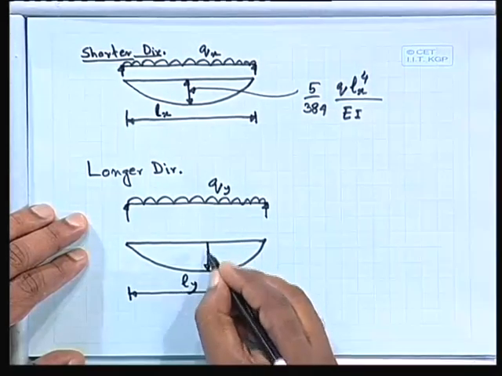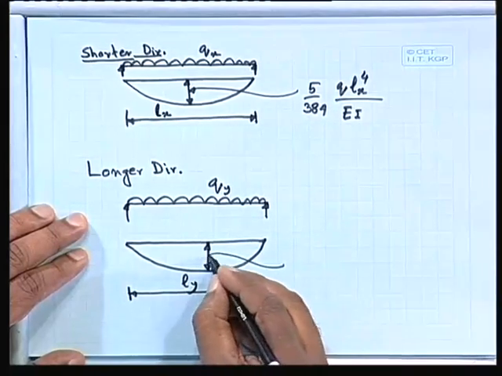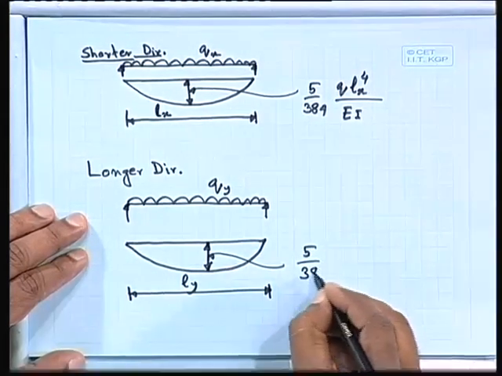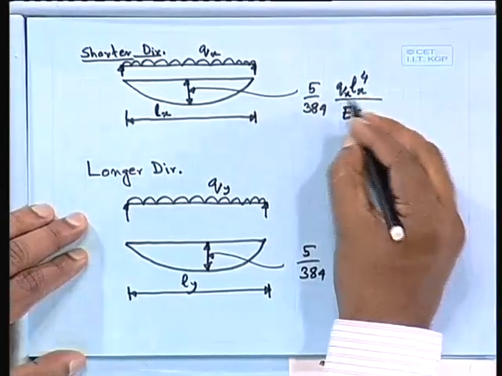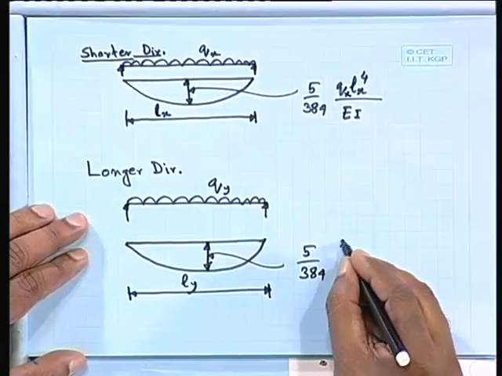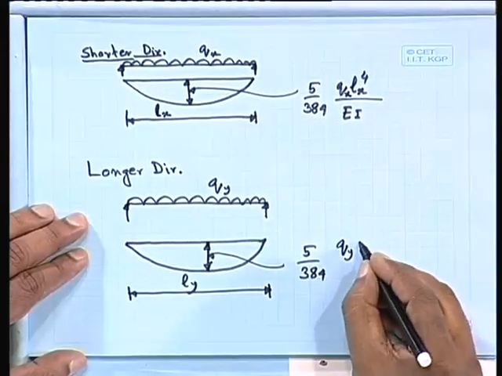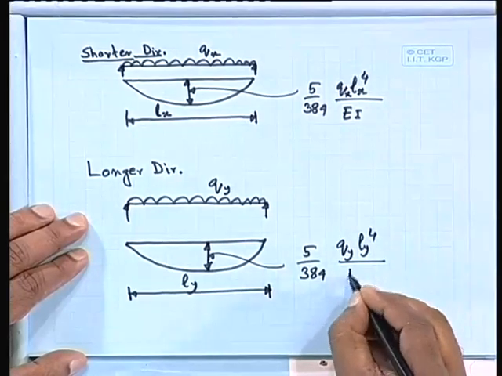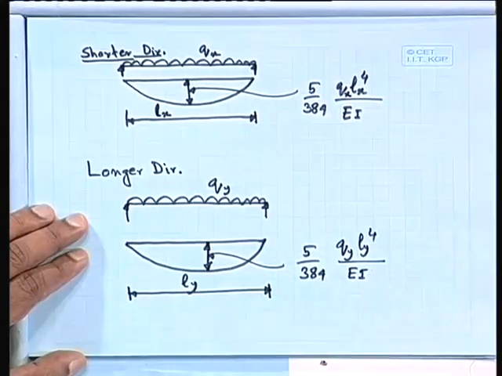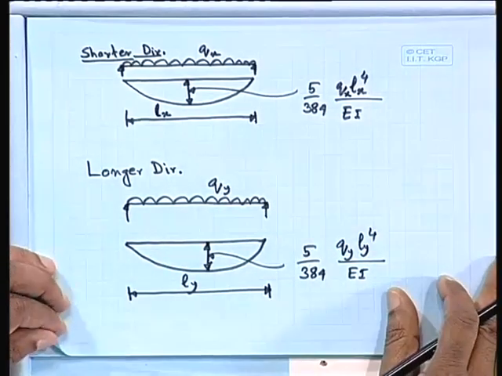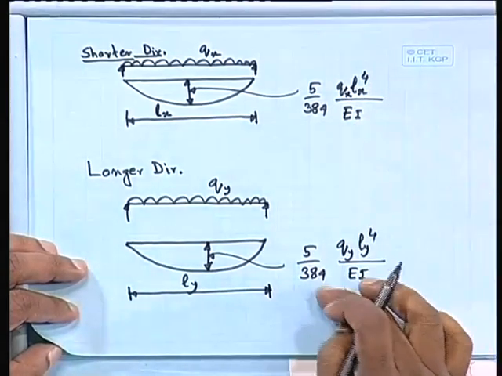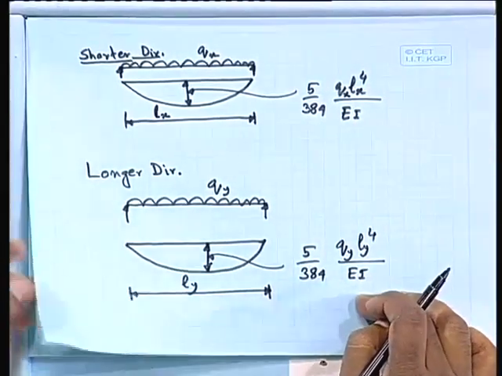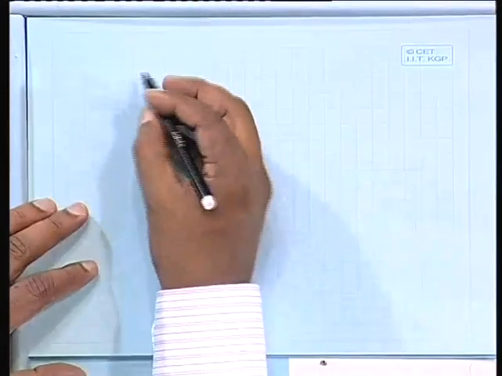So, this deflection will be equal to 5 by 384, sorry, I forgot to write down, this is Qx, Qx Lx to the power 4 by EI, and this one will be Qy Ly to the power 4 by EI. These two should be equal, since there is no disconnection in the slab.